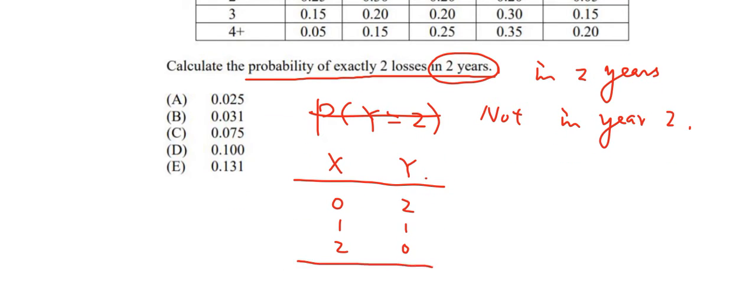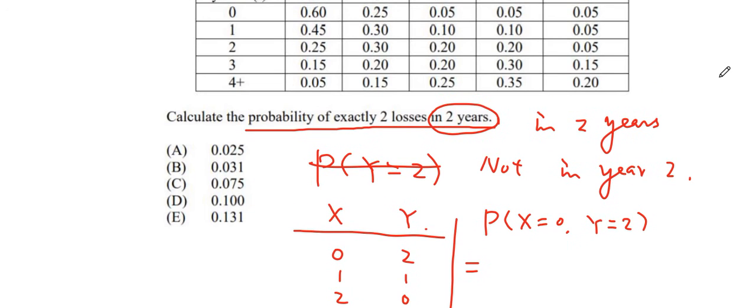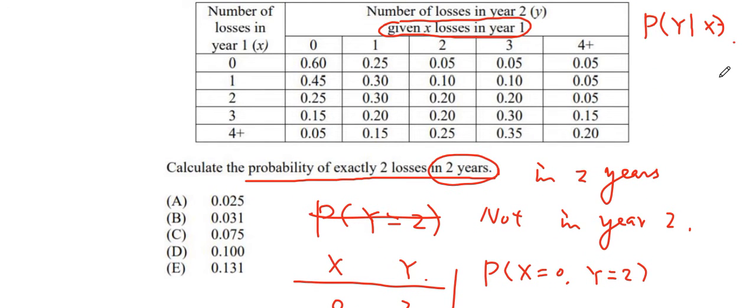Okay. So what is this probability? The first case is x equals 0, y equals 2. So what is this probability? This table does not give us the joint distribution for x and y.